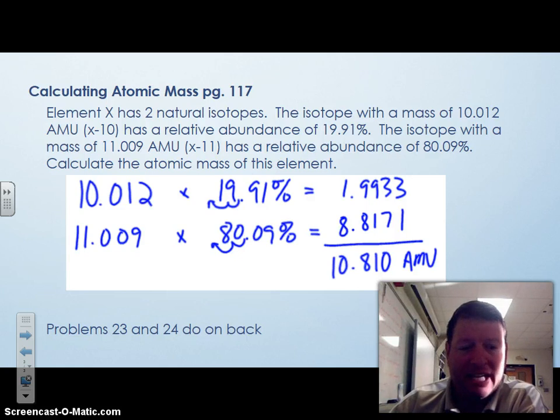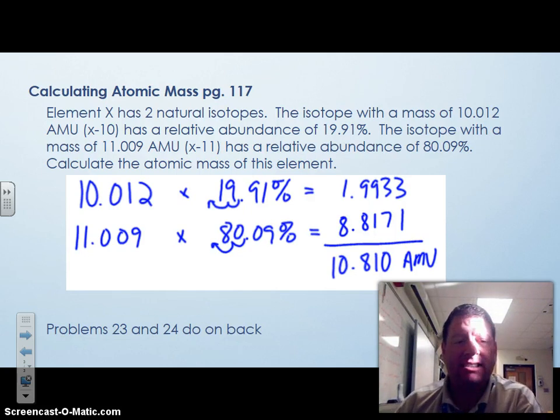X11, its mass was 11.009, multiplied by its abundance of 80.09%. Move the decimal place 2 places to the left, multiply it out, and you get 8.8171. And then the next step is to add the two products, and then you get 10.810 AMU. That is the atomic mass unit.